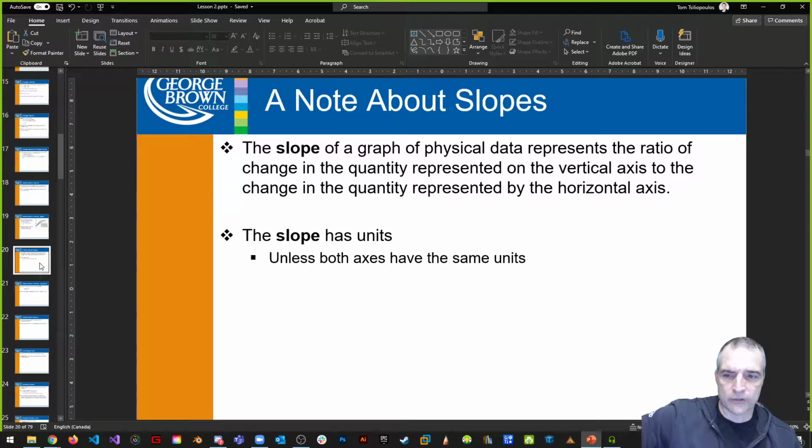A note about slopes. Slopes have units unless both axes have the same units, and then the unit is removed typically, or we cancel it out. More or less, slopes, if it's rise over run, and the rise represents the distance and the run represents the time, or we can say the vertical represents the distance and the horizontal represents the time, then it's distance over time, right?